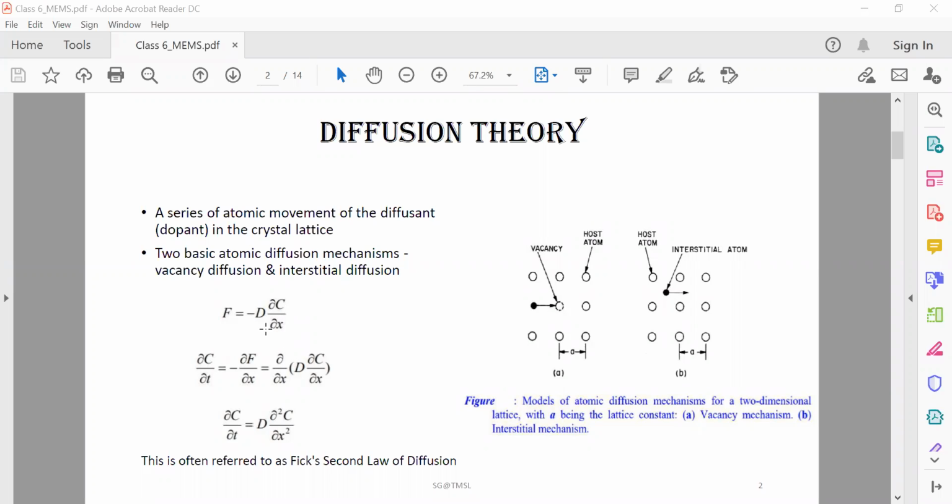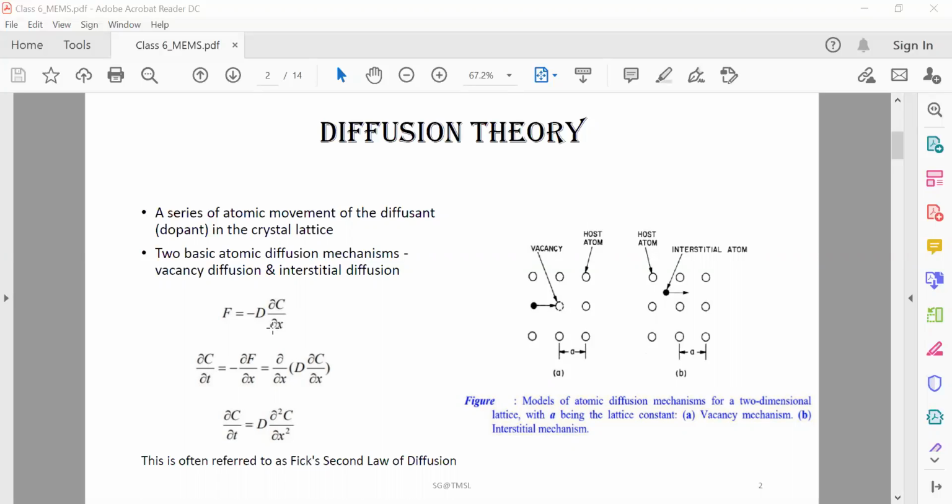The negative sign on the right hand side states that matter flows in the direction of decreasing dopant concentration, that is, the concentration gradient is negative.